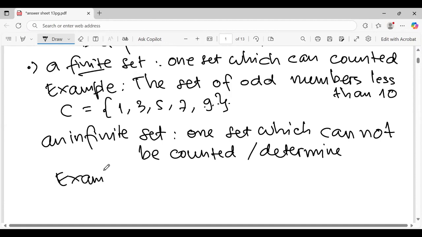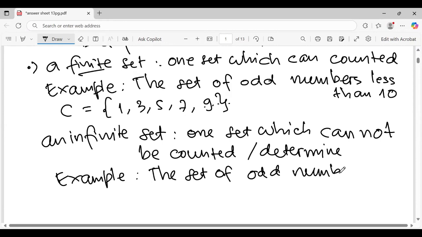For example, the set of odd numbers greater than 10.